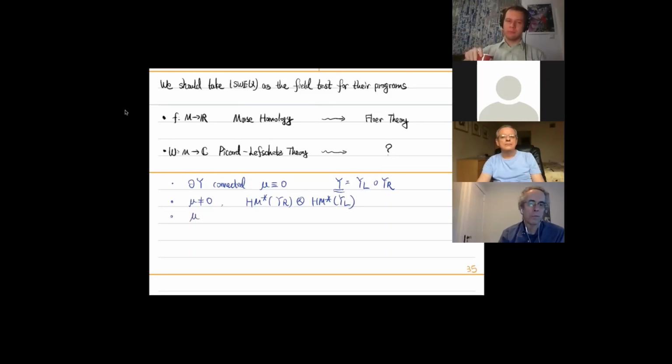The general case is if mu is 0, we would expect there is a spectral sequence from this tensor product to the monopole Floer homology of this closed 3-manifold. This is the expectation, but we don't know how to verify that. Does this answer your question?